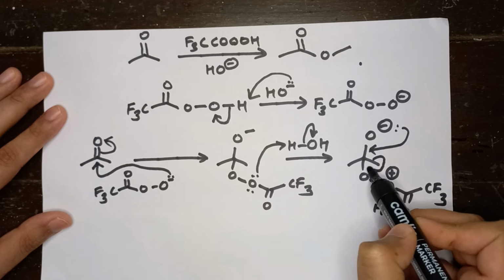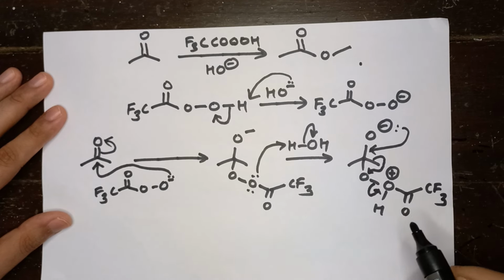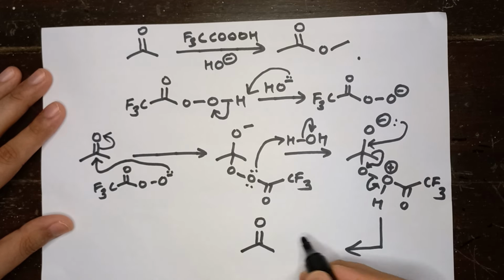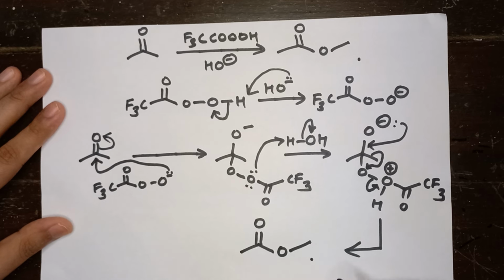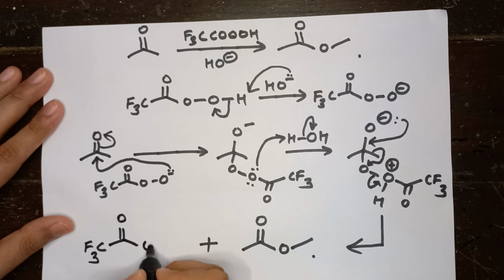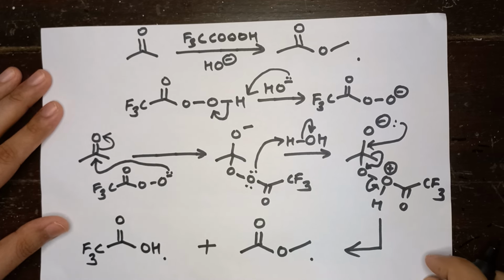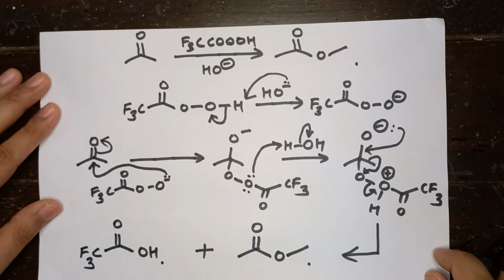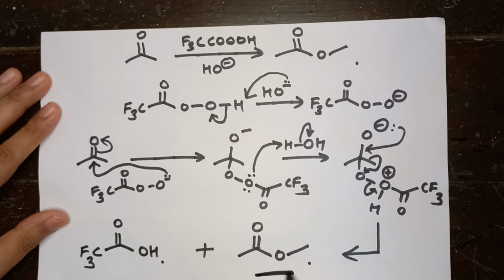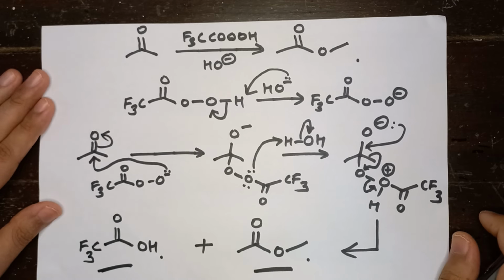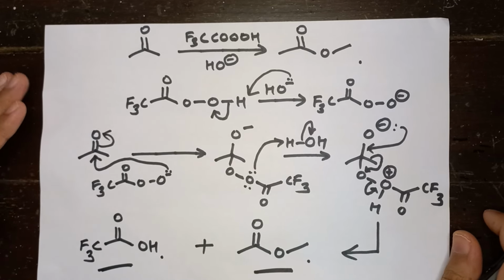This methyl group will migrate towards this oxygen, eliminating this particular acid. So this will give me my product of interest, that is an ester, and the byproduct is the corresponding acid group. So this is the mechanism by using trifluoroperoxyacetic acid under basic condition, where you get your ester and the byproduct as trifluoroacetic acid. Now let's solve some practice problems.